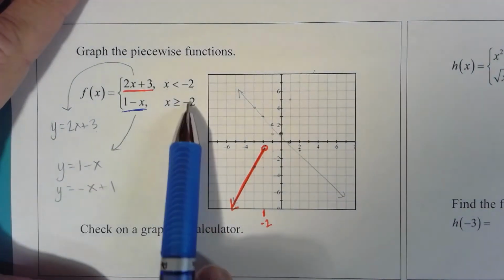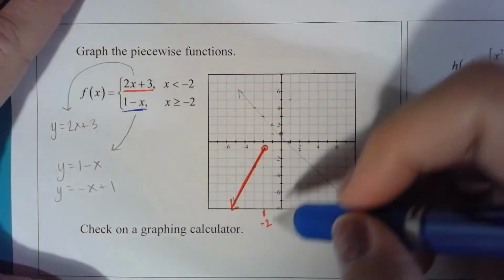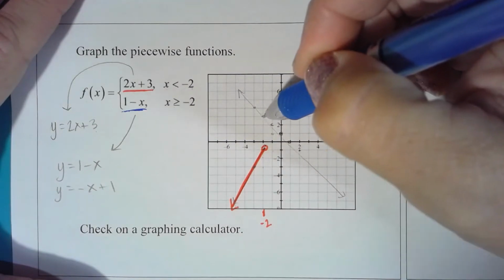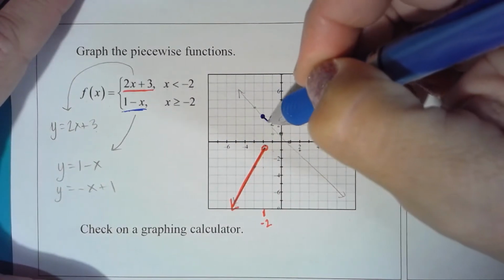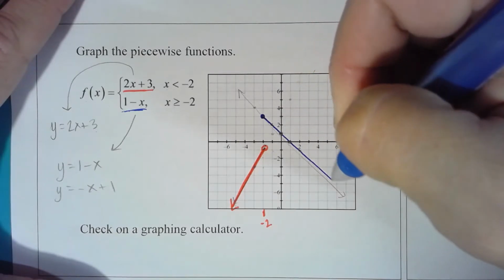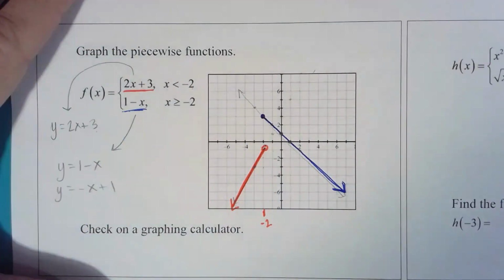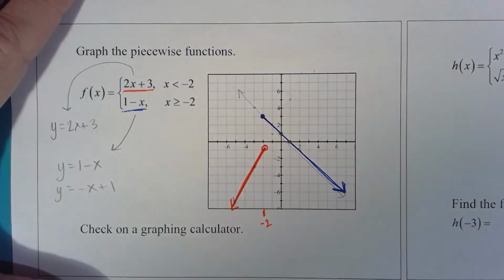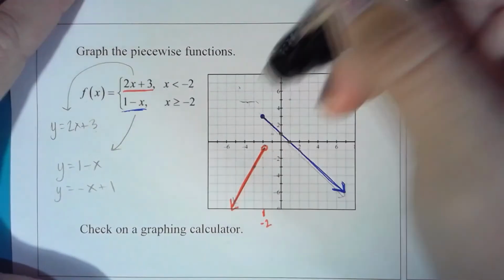But remember, they only want it to the right of negative 2. So again, here's my negative 2. So I'm going to go up and find where that starts, fill it in because it says or equal to. I'll try to hit some better points there this time. And so I only want the line to the right of negative 2.